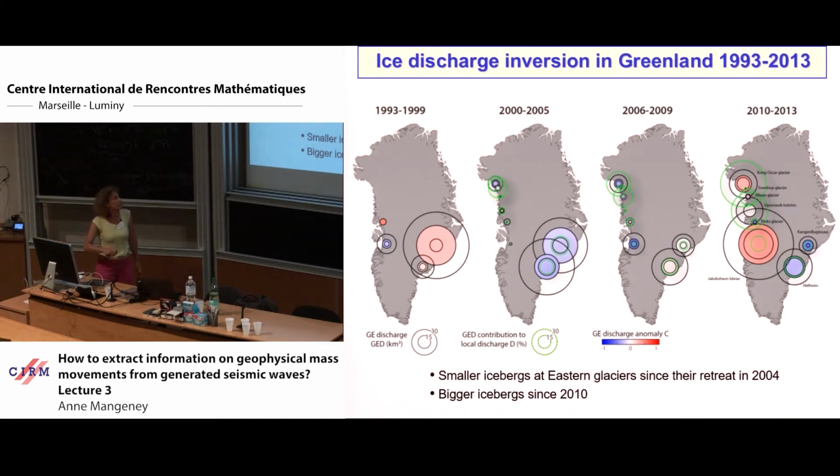This could help to give calving laws at the Greenland scale, to put as boundary conditions in more global models and to see the response of the ice sheet to this different spatiotemporal distribution of icebergs.